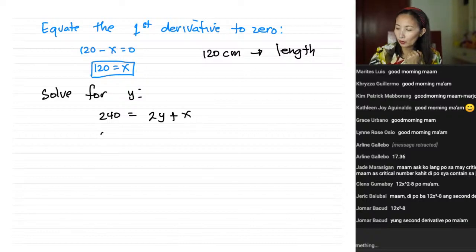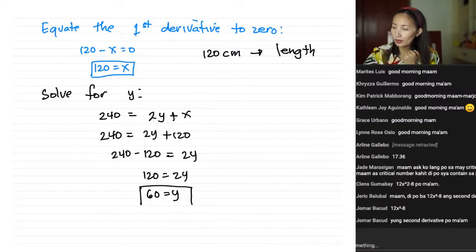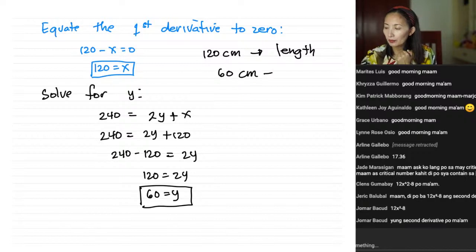Okay, 240 is equal to 2y plus 120. x is 120. So, 240 minus 120 is equal to 2y. So, 120 equals 2y. y is equal to 60. Okay, so the width is 60 centimeters.